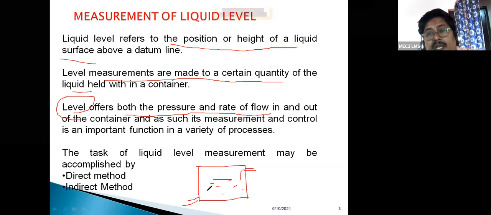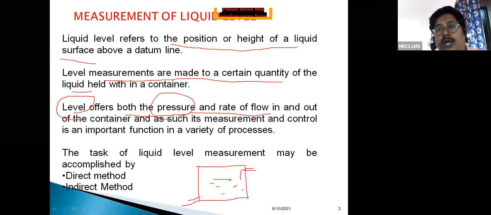That means the level in the tank varies with the rate of flow into the tank and the rate of flow out of the tank, and also the pressure. Here the pressure changes, for example, if at the outlet end of the tank one valve is there.